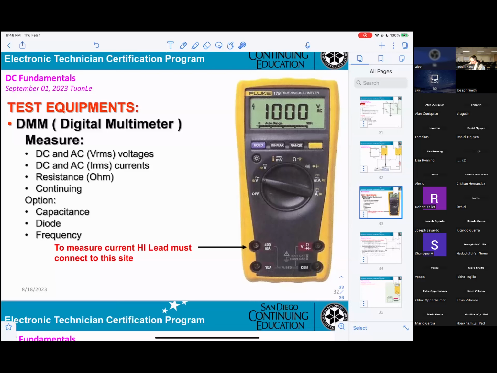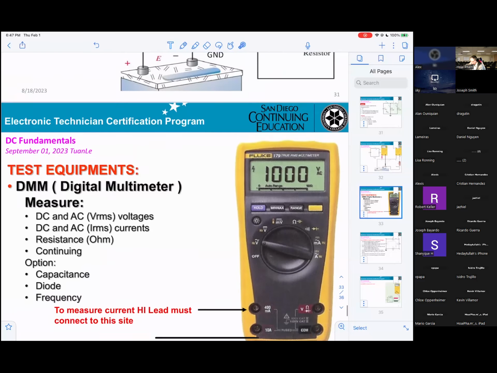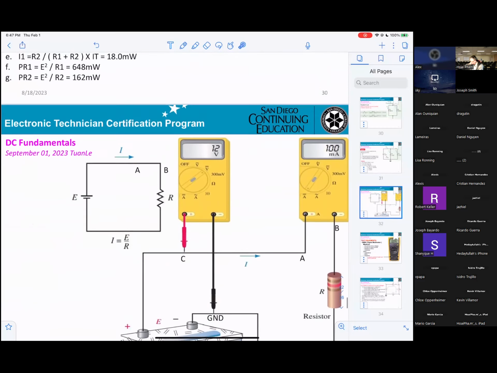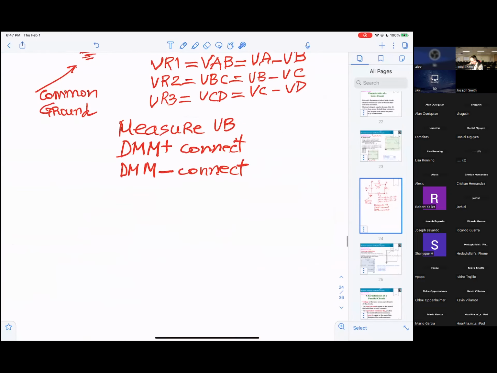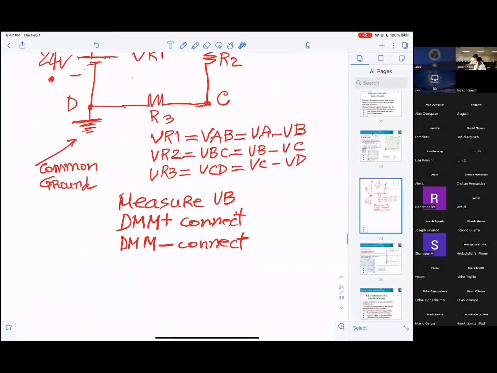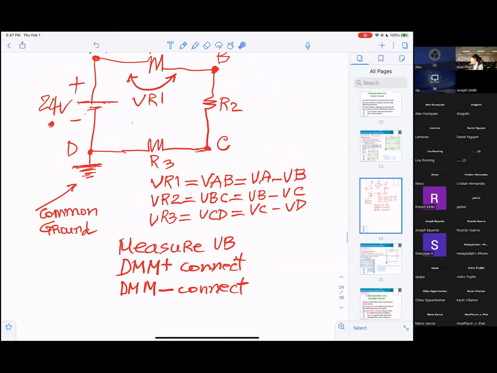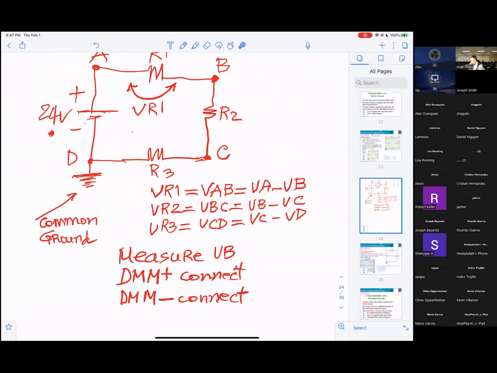Right now we are not teaching you how to use that. Monday, the instructor will teach you. However, what I said, they want to measure VB, only one point. Then the other side of the meter must be connected to ground.